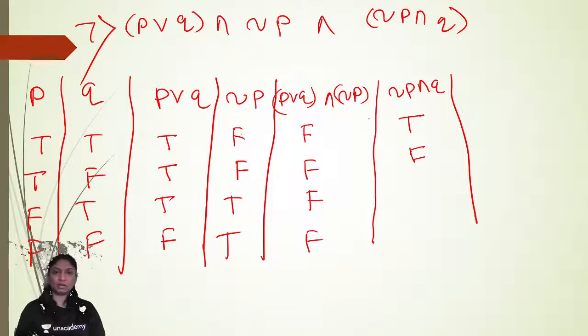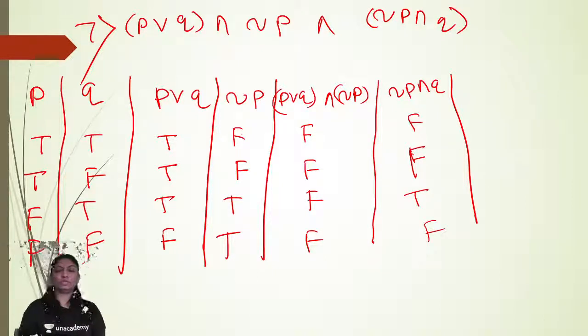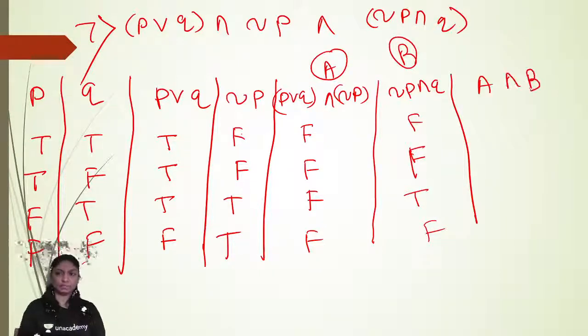And negation of P and Q. So there is also negation of P and Q. So there is A and there is B. So A and B. False, false.